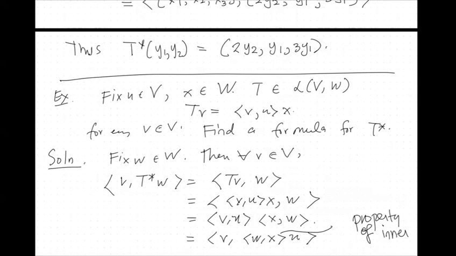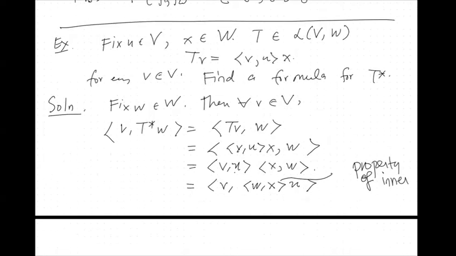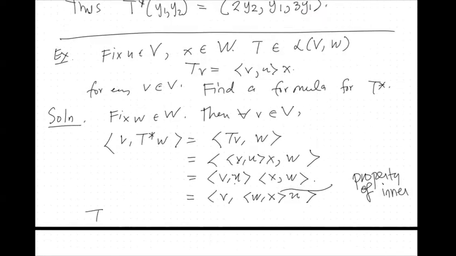Here it became the bar of the inner product of x and w, but the bar of the inner product of x and w is the inner product of w and x. Therefore, your T star of w is given by the inner product of w and x, multiplied by your vector u. Notice that this inner product is a field element, a scalar.